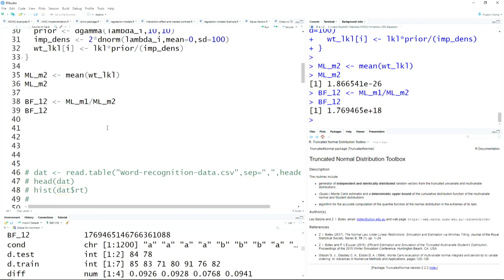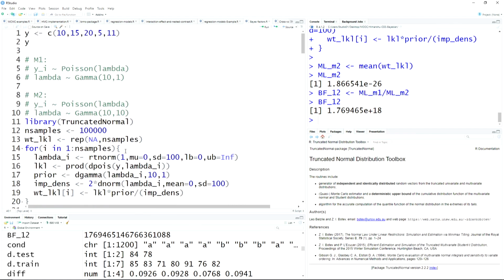So, there is strong evidence in favor of model 1 compared to model 2, and it makes sense because the kind of prior model 2 uses, gamma 10 5, restricts the lambda values to be between 0 and 2, and the data says otherwise, right.